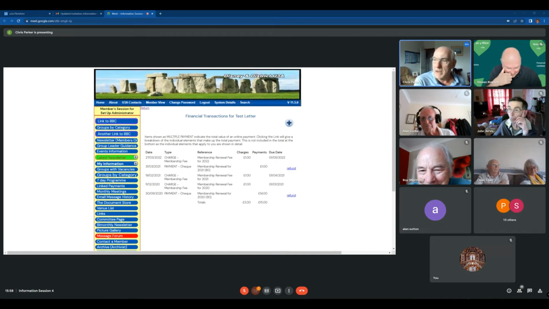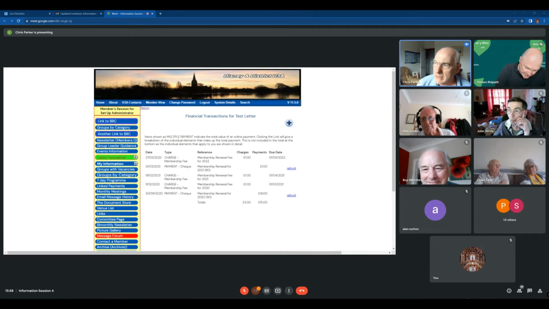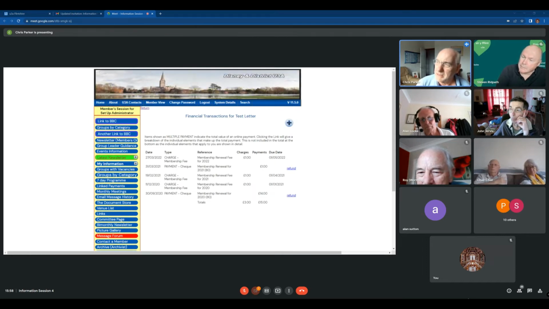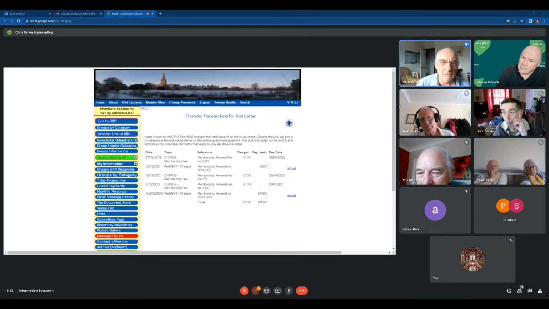Yes. On the membership side, this shouldn't work in that way. If you take somebody out by deleting them, the system will look to see if there is any money outstanding and will level it up to zero if you delete them.